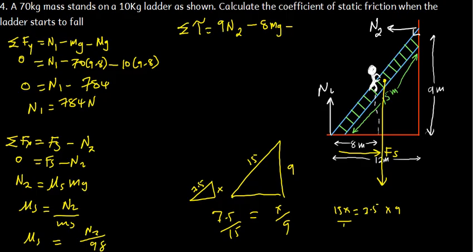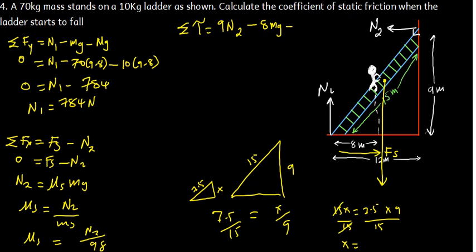Dividing both sides by 15, x is going to give us 9 divided by 15. Of course, the 15 here and the 15 there cancel.